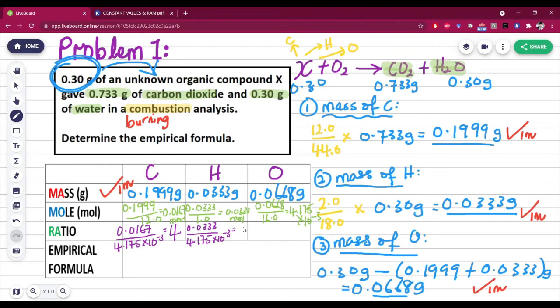You get 7.9, and that one can be rounded off to 8.